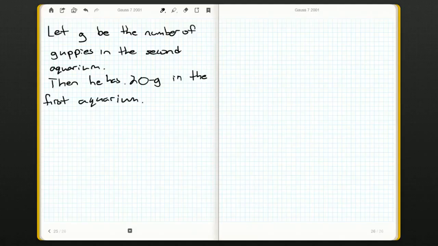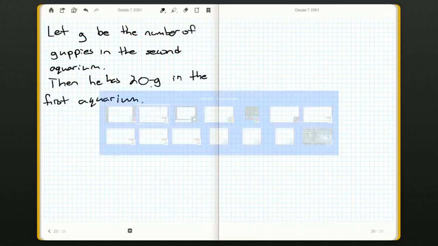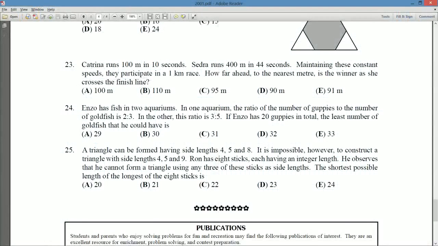Okay. So we've given some names to things, and we've already got one relationship that we're given. And that is, if you have G guppies in the second aquarium, you're going to have 20 minus G guppies in the first aquarium. So now we want the least number of goldfish. Well, how do we talk about the number of goldfish? Fortunately, we have these ratios here. We're talking about the number of guppies in the first one. For every 2 guppies, I'm going to have 3 goldfish.